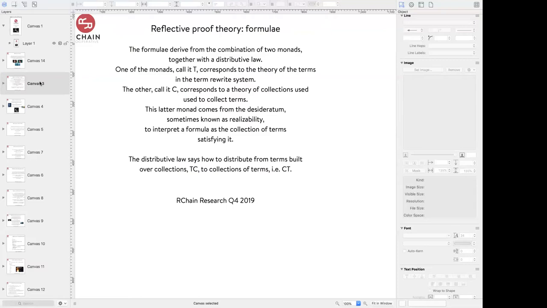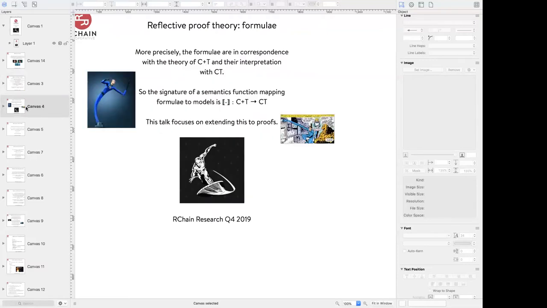And the other theory is going to correspond to a theory of collections used to collect terms. So essentially what we'll do is build a combination of the collections plus the terms, which can be seen as all words in C and T, in the alphabet C and T.